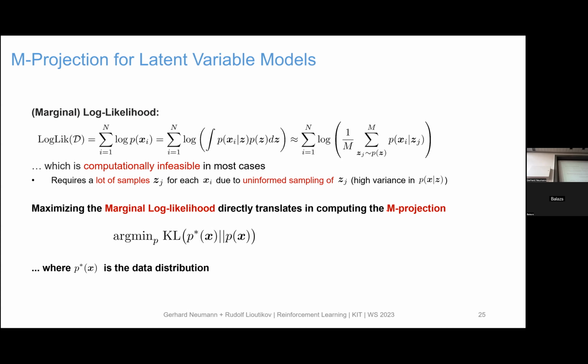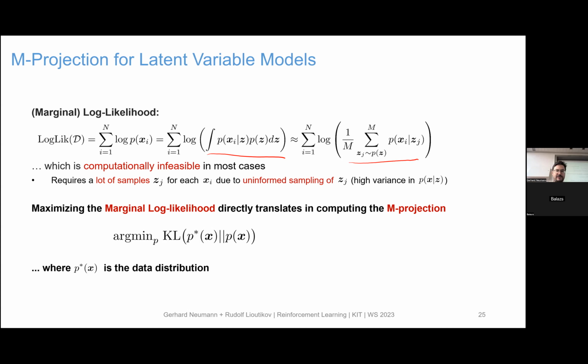In this case, it's called the marginal log likelihood because it's just in X, not in Z. We see that we need to optimize the log of an integral, which we can maybe still approximate by the log of a sum. But we would need a lot of samples to approximate it.